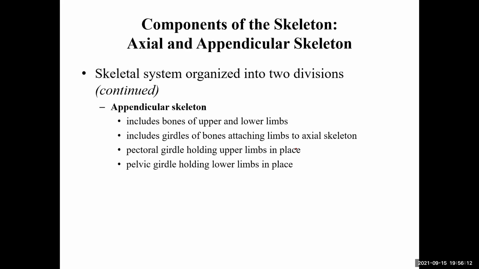The bones that allow for that to happen, we refer to them as girdles. If we're talking about the upper extremities, then we're referring to the pectoral girdle. If we're talking about the lower extremity, we refer to it as the pelvic girdle. And it's those structures that allow us to attach the upper and lower extremities to the axial skeleton.